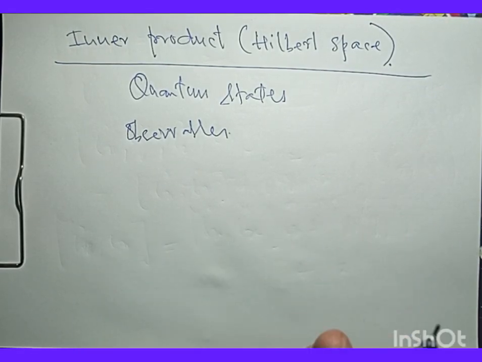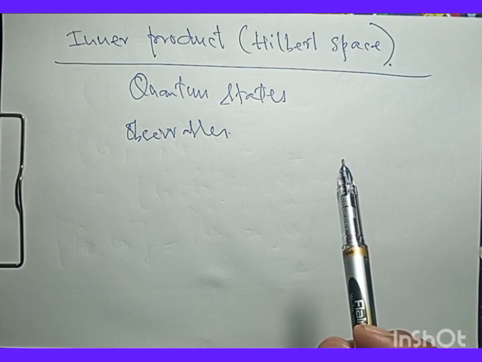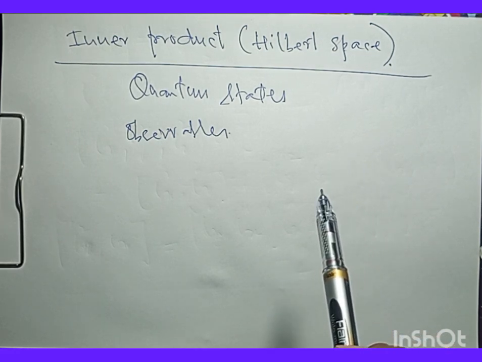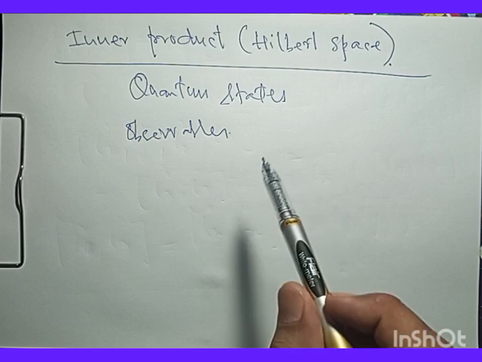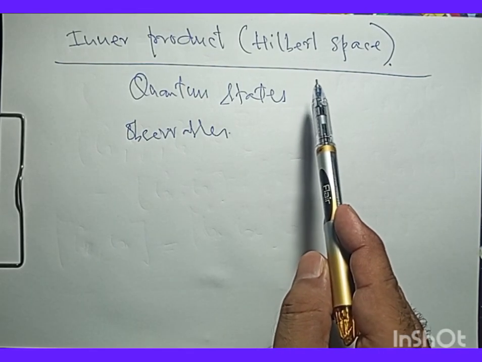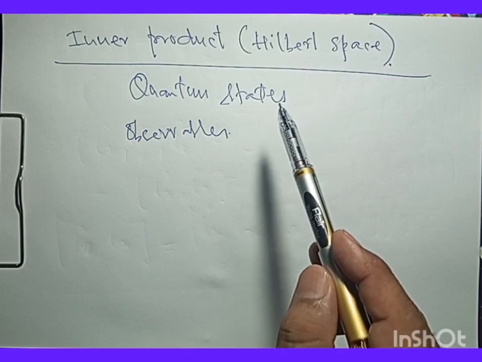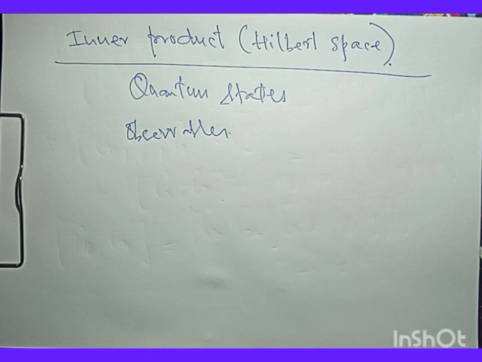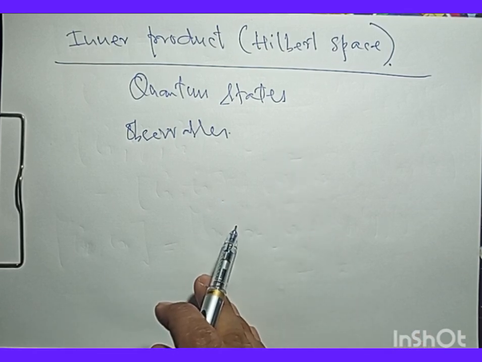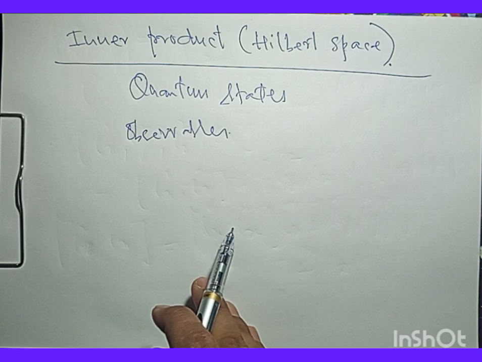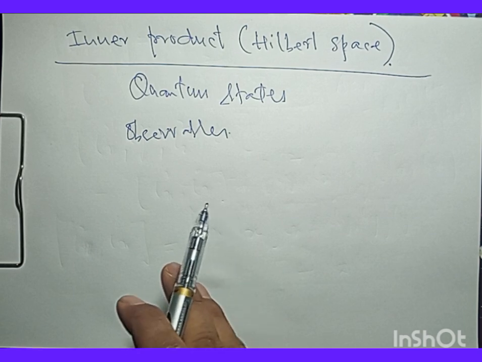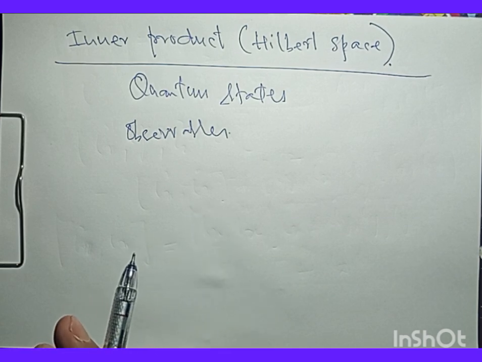The completeness ensures that all possible states and observables are accounted for, making this Hilbert space a powerful tool not only in theoretical physics but also in applied physics. So here we'll be introducing you to the inner product of this Hilbert space.